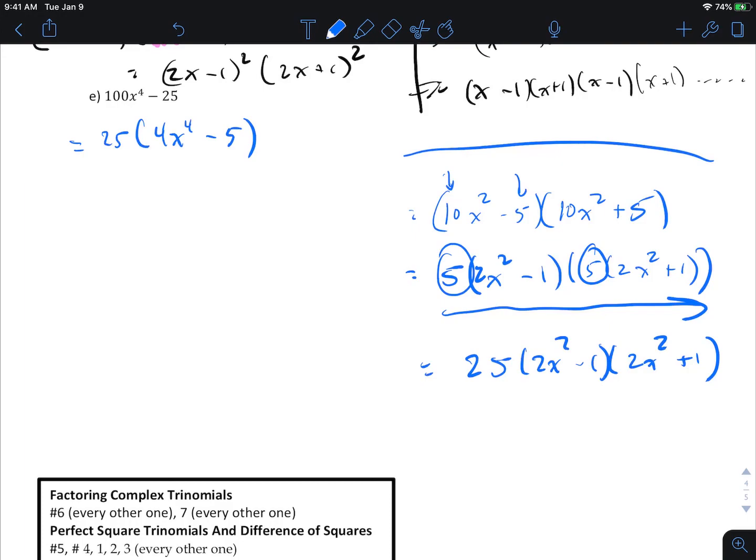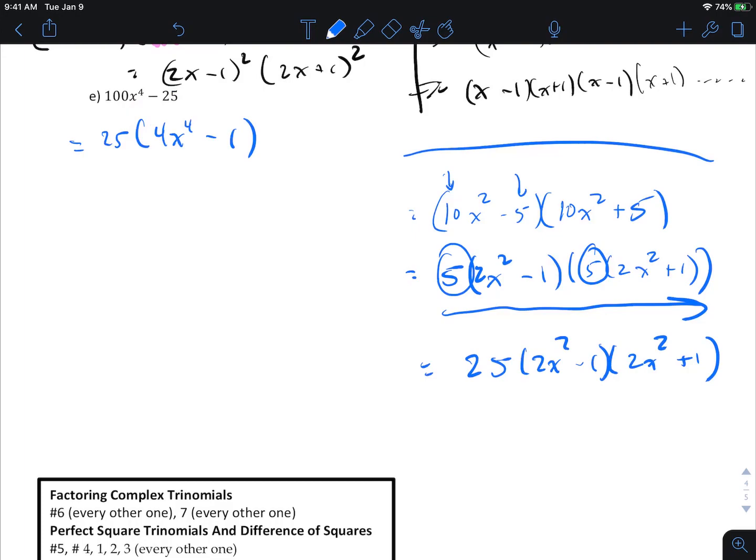Oh, you just have to keep the minus, right? Yeah, because if I put this back in, I've got to get the original back, right? But I was able to do that because I took the 25 out.